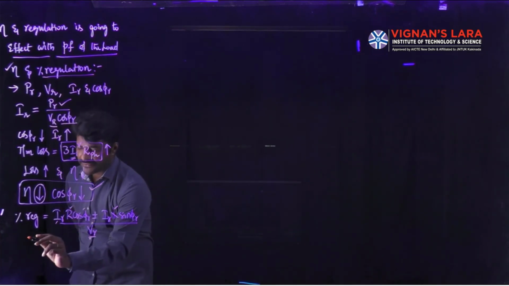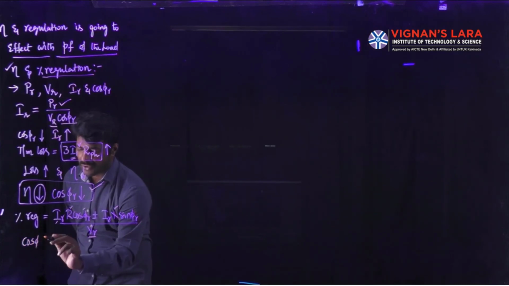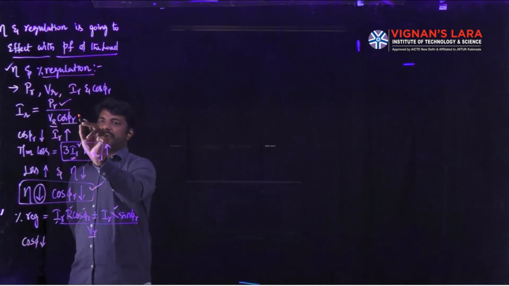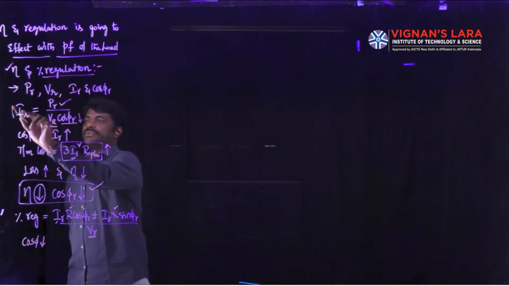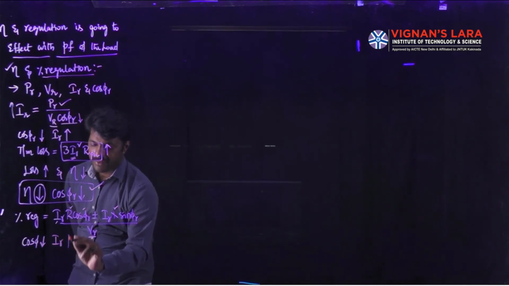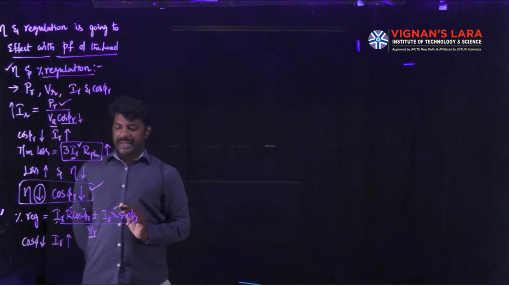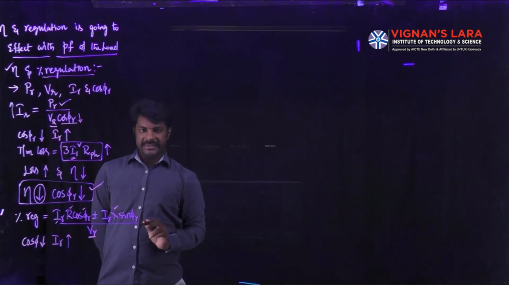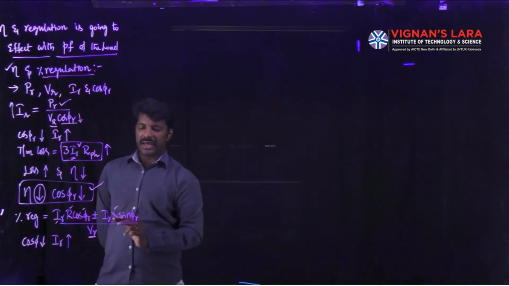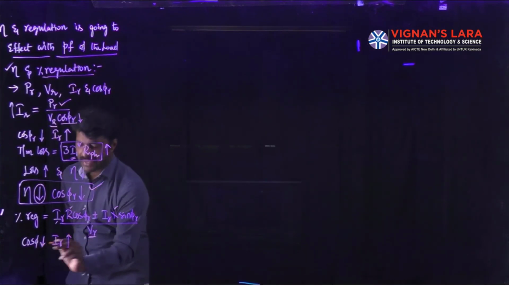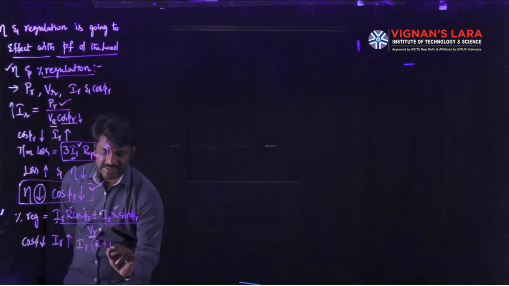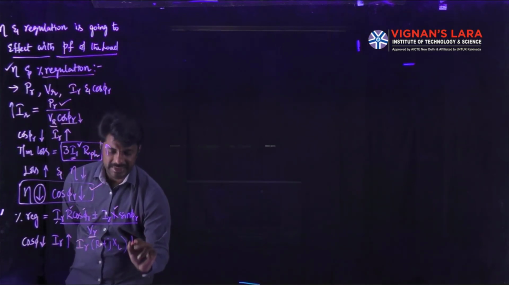If the cos phi of the load decreases, the current magnitude gets increased. The same thing holds good here also. Thereby the current on the receiving end side of the transmission line circuit gets increased. If the current increases for a fixed impedance R plus jXL, then the ohmic drop, IR into R plus jXL, gets increased.